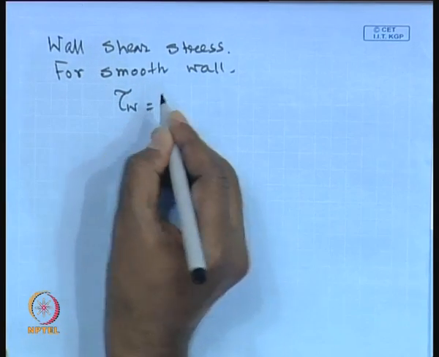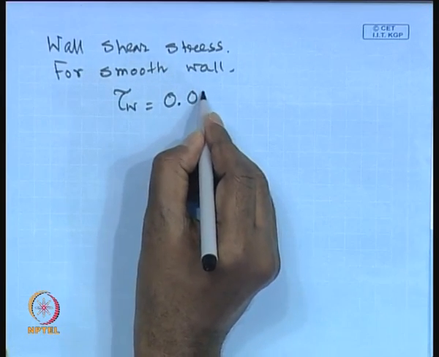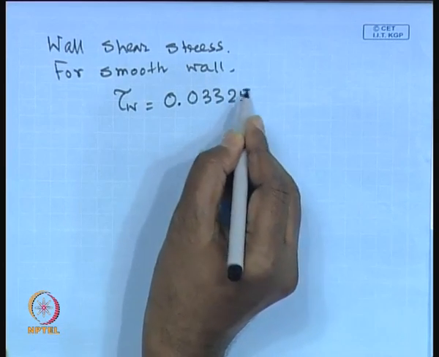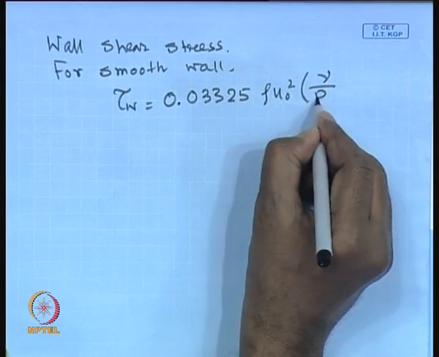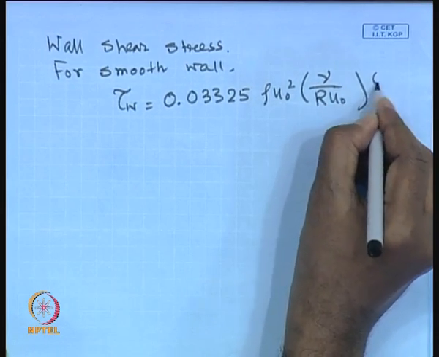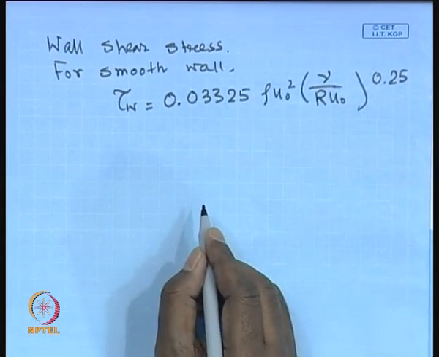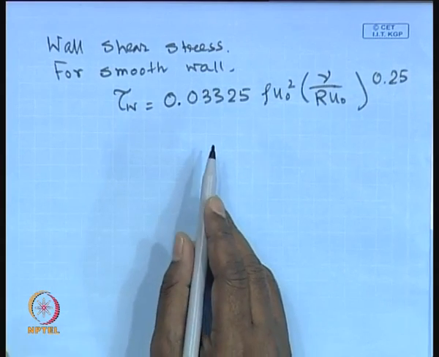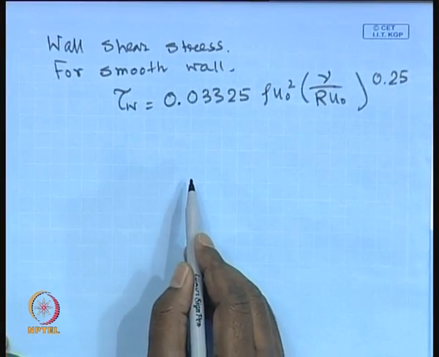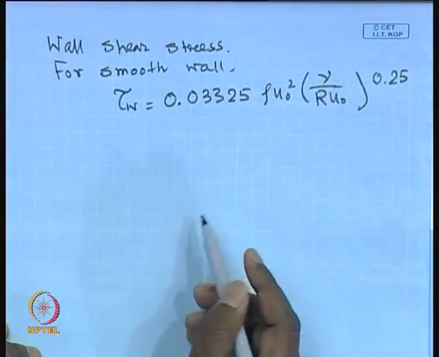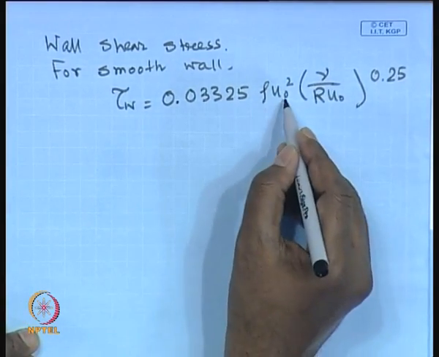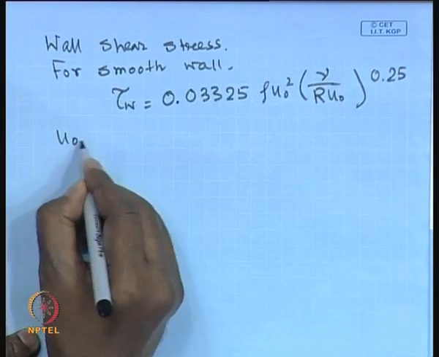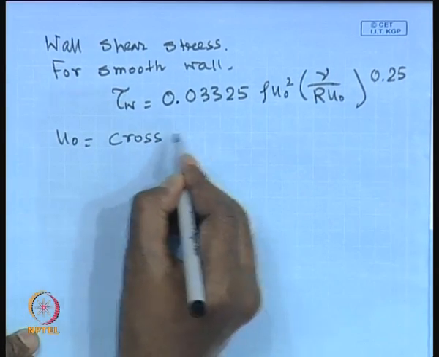This tau w is given as 0.03325 rho u naught square times nu over r u naught raised to the power 0.25. You can look into any standard textbook of fluid flow, you will get this expression for a tube with a smooth wall, and rho is the density, u naught is the cross sectional average velocity.